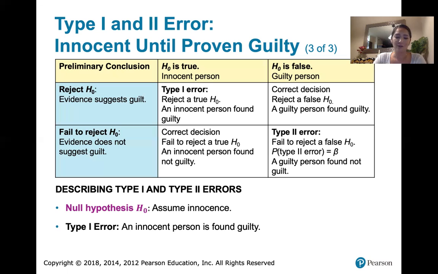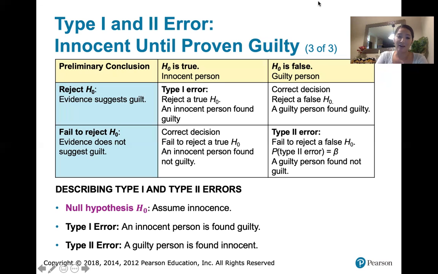So we would fail to reject the idea that they're innocent, and this guilty person might be found not guilty. So we're making a mistake there, and the probability of that type of error is called beta. This is failing to reject a false null hypothesis. The fact that the person is guilty means the null hypothesis is false. The fact that we are finding that person not guilty is failing to reject the idea that they're innocent when they're actually guilty. So that's type 2 error.